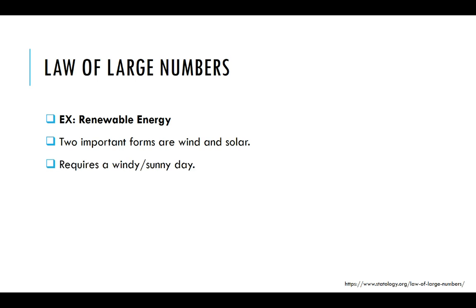And we agree that generating wind energy and solar energy requires windy and sunny days, depending on what we're looking at. Now, weather is something they don't control. So clearly, they're not going to be able to produce energy 100% of the time. There's going to be days with little wind, days that are less sunny. And so you can't reliably know that you're going to produce energy every single day, all day long.